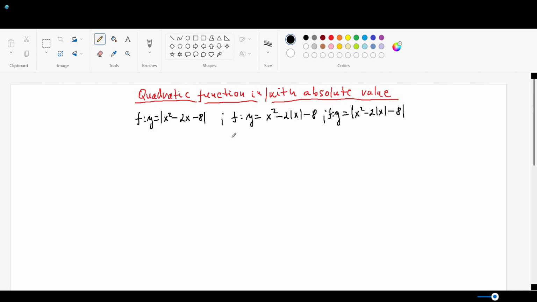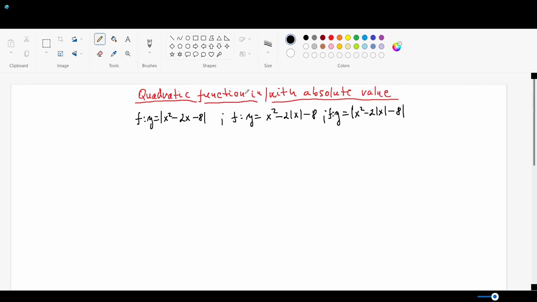Then we will try to sketch the graph of the function given by the equation y equals x squared minus 2 times absolute value of x minus 8, and the last function we'll be sketching is y equals absolute value of x squared minus 2 times absolute value of x minus 8.